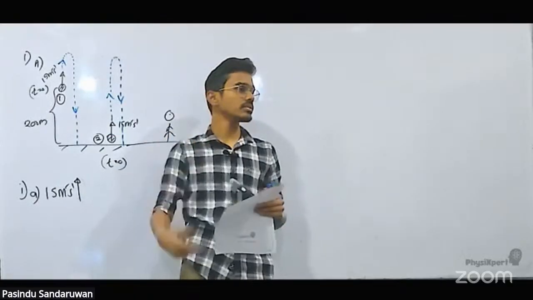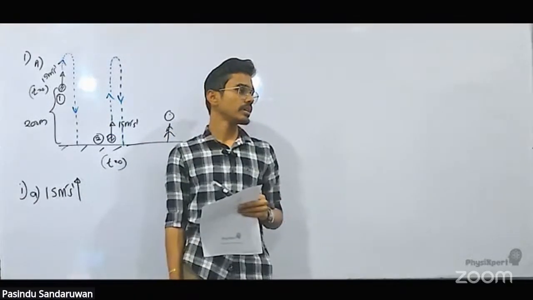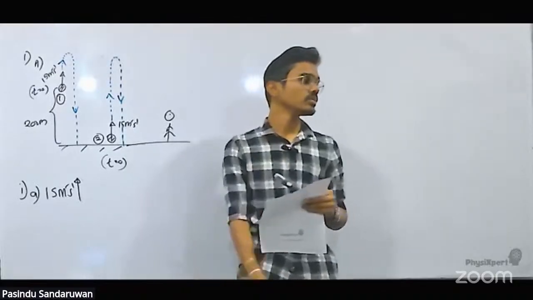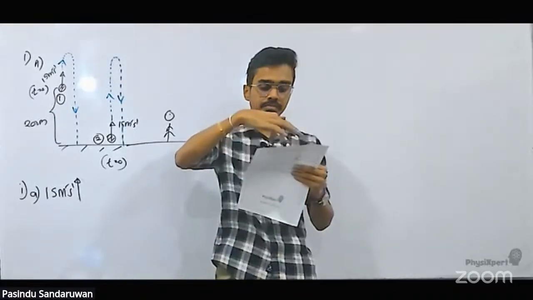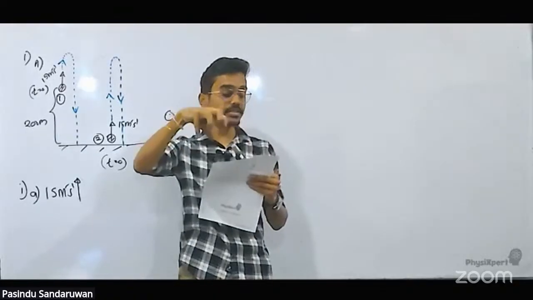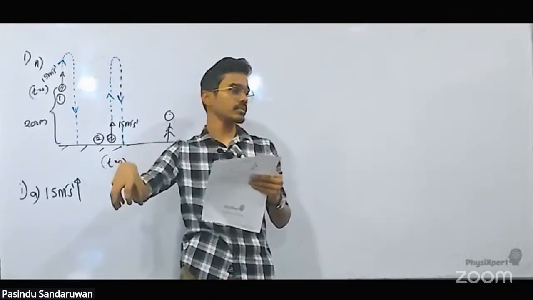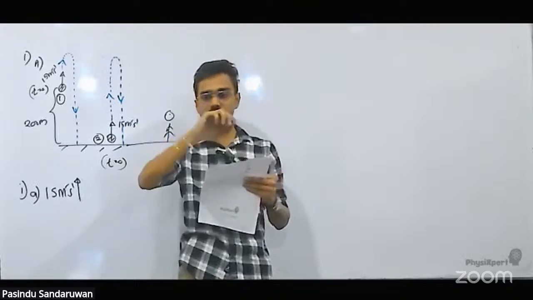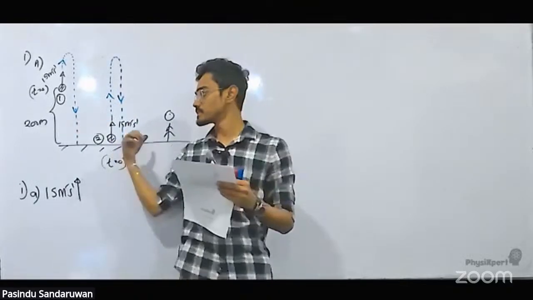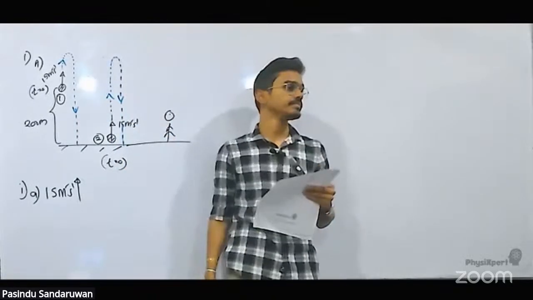There is no relative motion between these two. That is why the question says it is freely released from the balloon. With respect to the balloon, it is 0. But with respect to the ground, it is 50. Right?